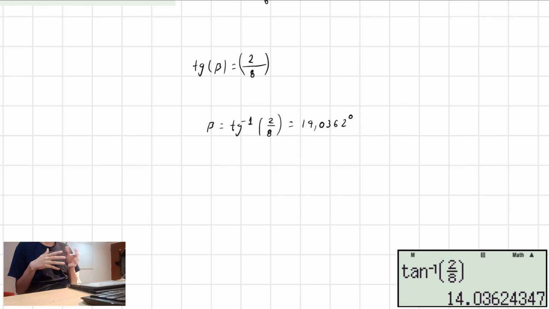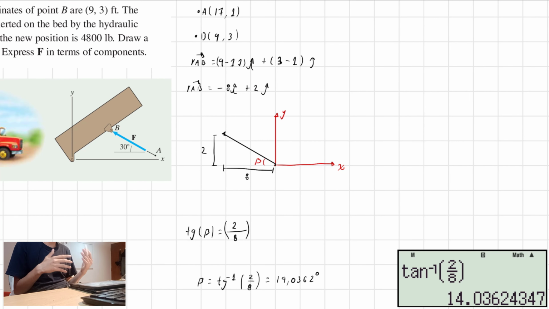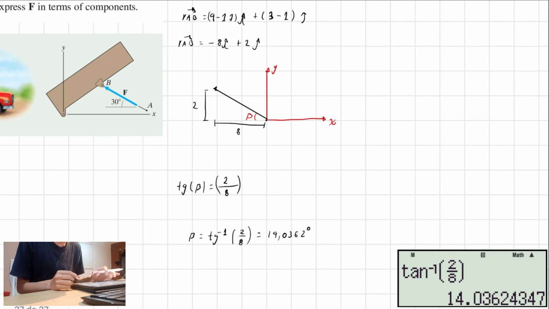Mathematically speaking, we are going to use the unit vector to determine the final vector, taking into account the magnitude of 4,800 pounds. But I'm going to explain that later.